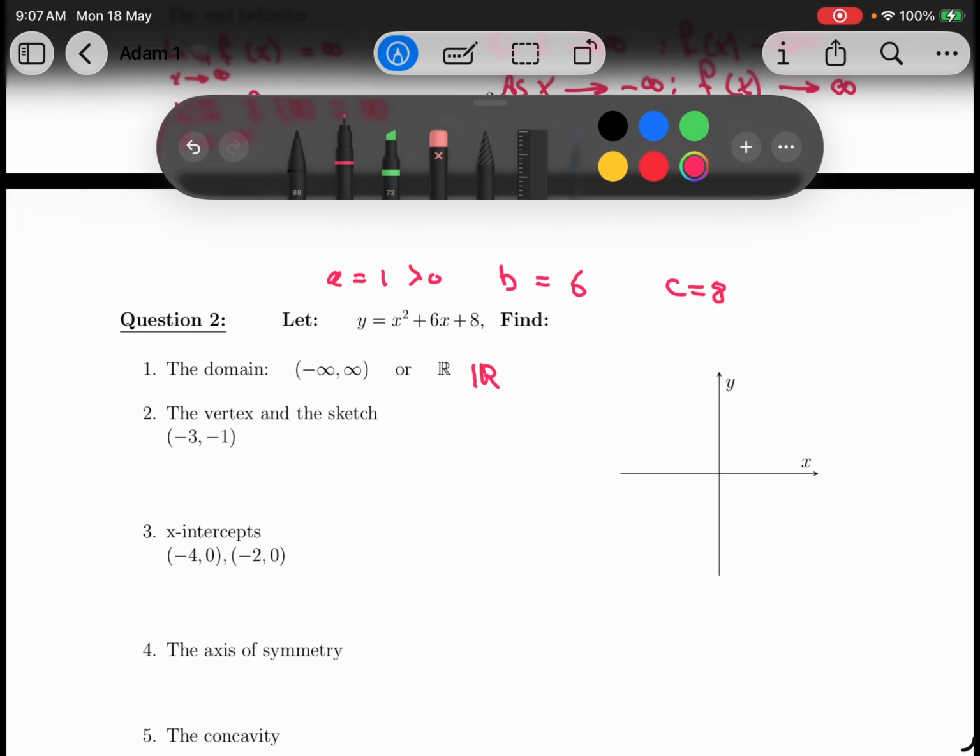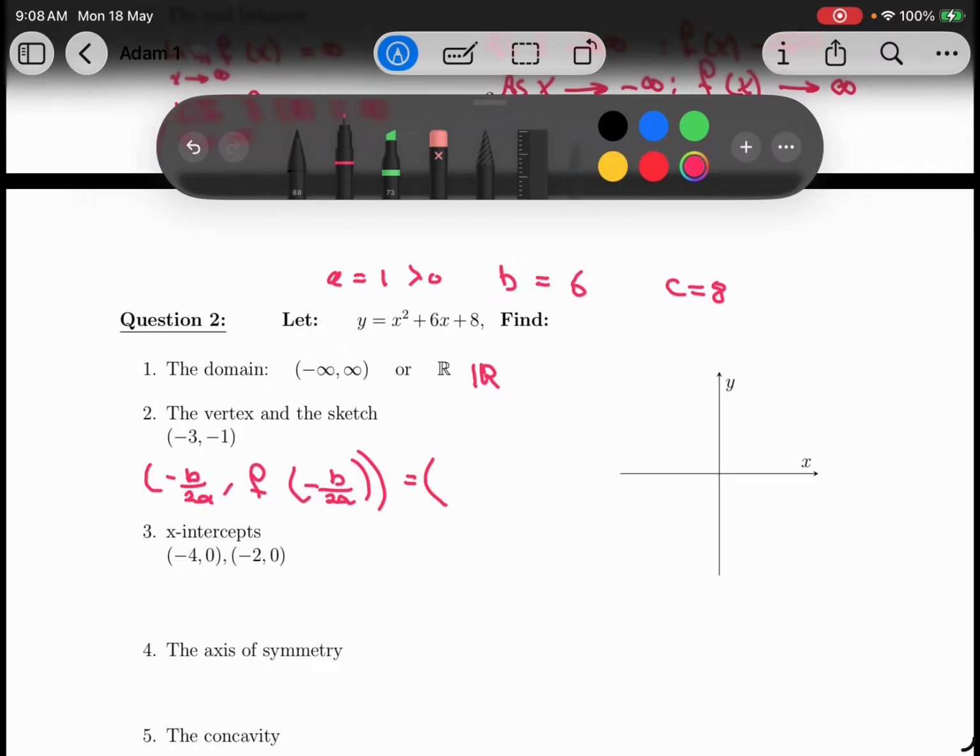The vertex is given as (-3, -1). How come? Because the vertex formula is like this: minus b over 2a, and f of minus b over 2a. What is b? b is 6, so minus 6 over 2a, a is 1.